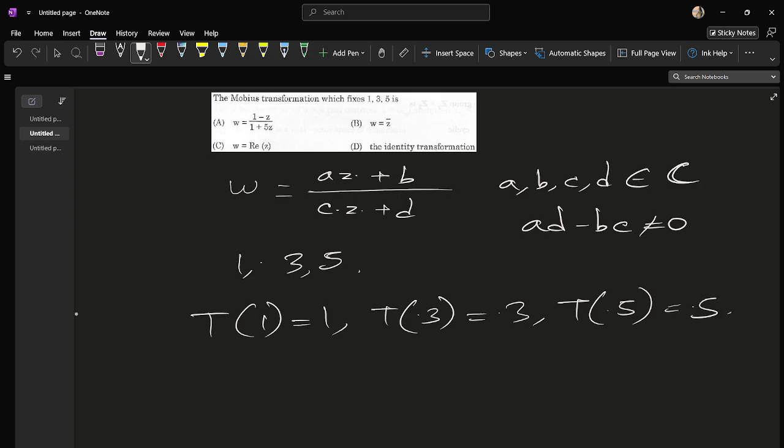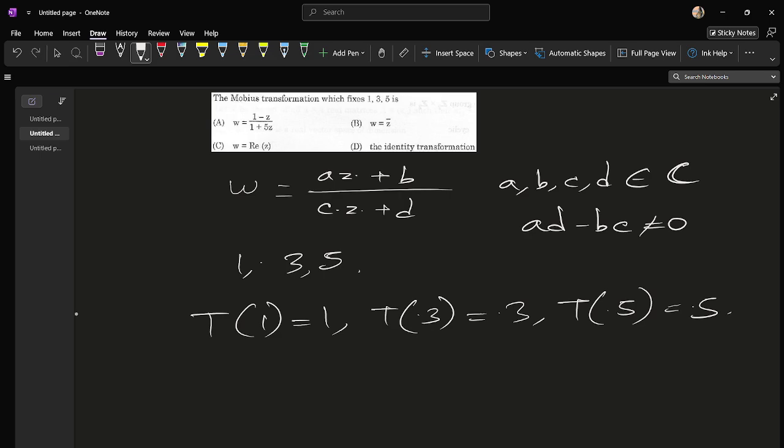Okay. So now we are going to understand the fixed points in a Möbius transformation. A Möbius transformation with three distinct fixed points must be the identity transformation. Why? This is because a non-trivial Möbius transformation can have at most two fixed points.